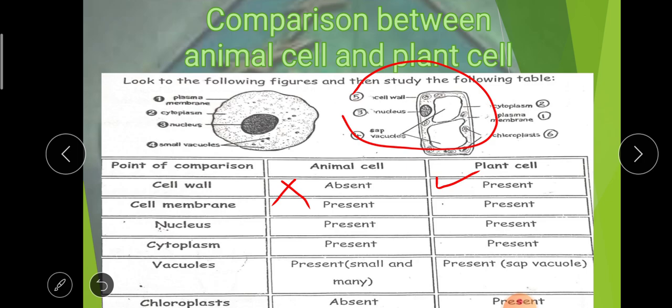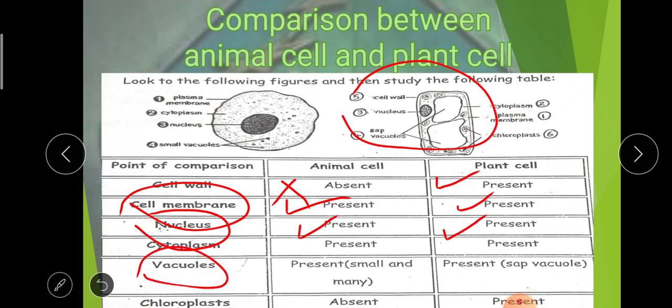The second one is the cell membrane. We noted that the cell membrane, or plasma membrane, is present in the animal cell and present in the plant cell to control the substances which enter or leave the cell. The third component is the nucleus. It is present in the animal cell and plant cell. Why? Because it organizes all biological operations and it's responsible for cell division.